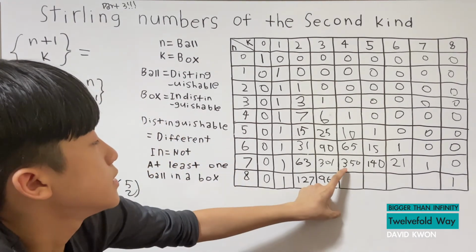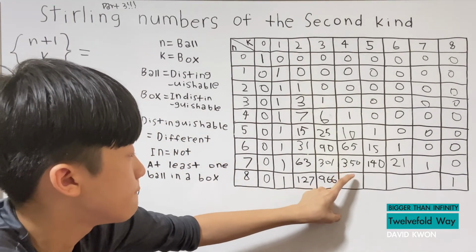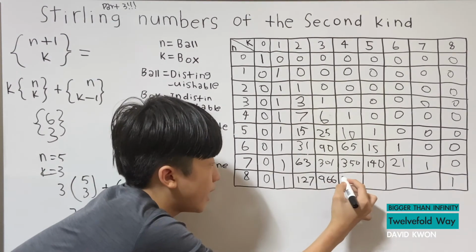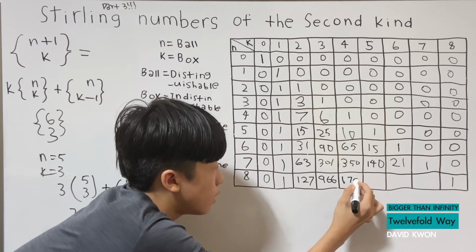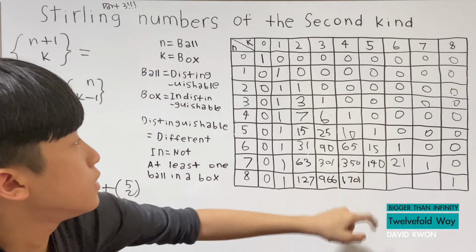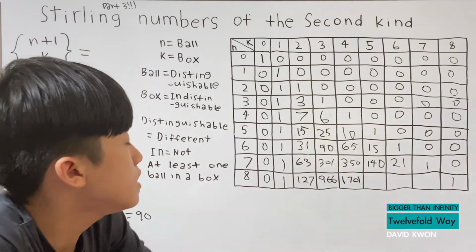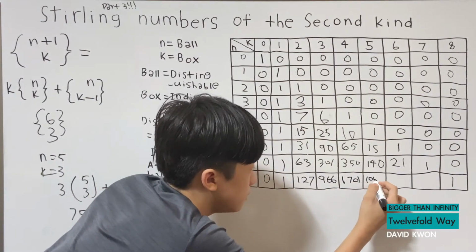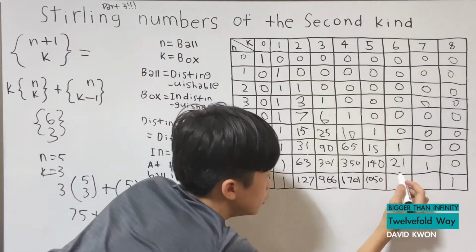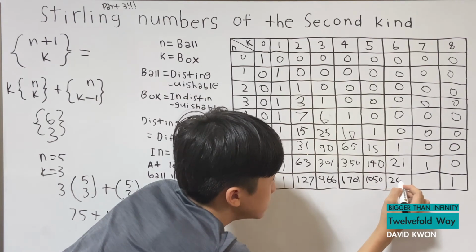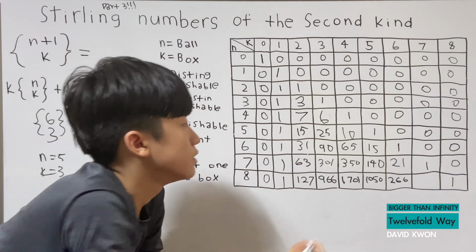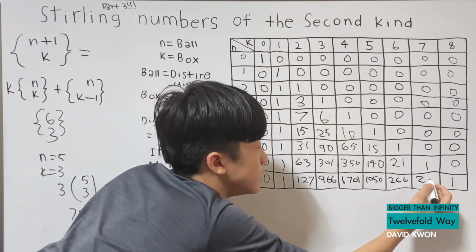And if we want this, 4 times 350, which is 1,400, 1,701. 5 times 140 is equal to 700, 750. 6 times 21 is 126 plus this 126. Okay, 266. And this is equal to 728.